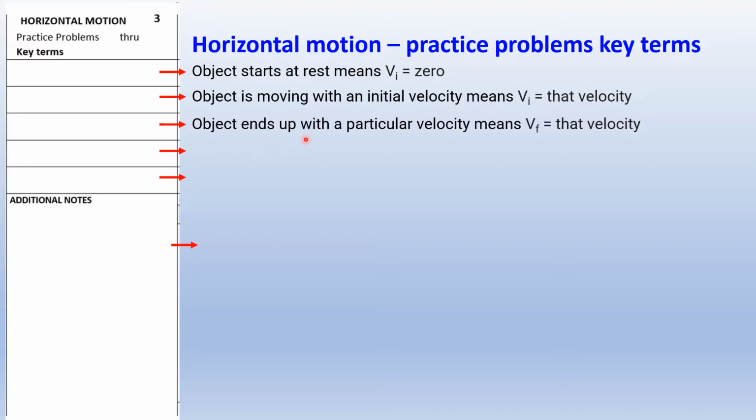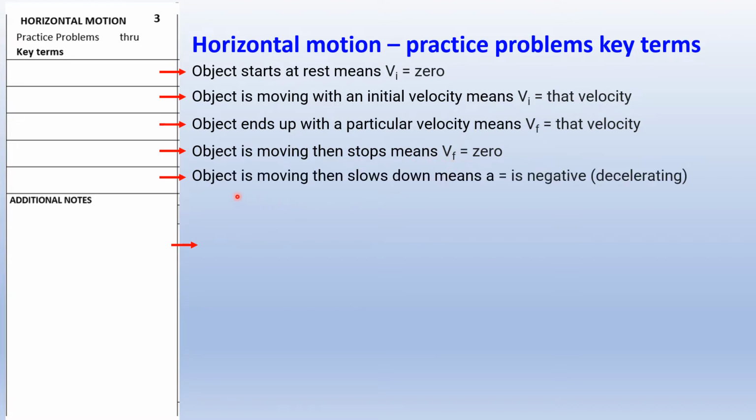Object ends up with a particular velocity means the final velocity is that velocity. Object is moving, then stops means the final velocity is 0. Object is moving, then slows down means the acceleration is negative, it is decelerating.